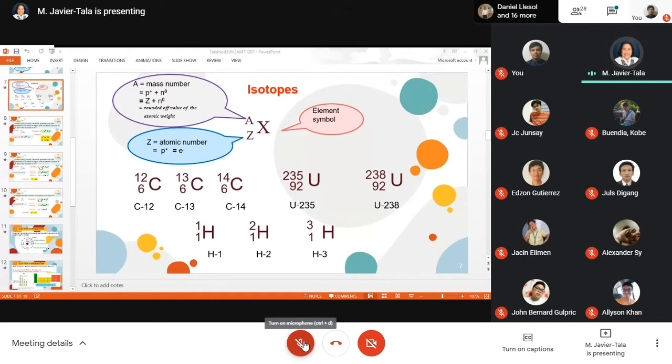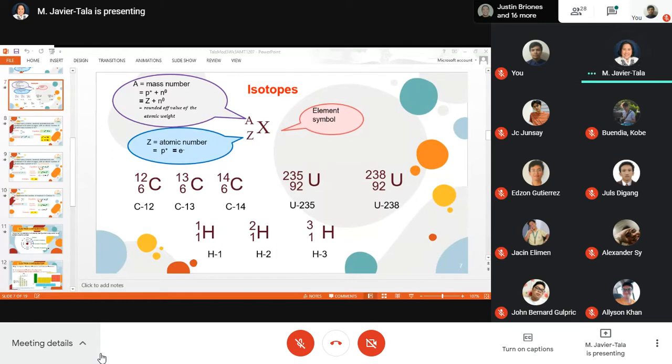Class, the elements that your classmates have mentioned have different isotopes. For example, carbon has 3 isotopes. All of them have an atomic number of 6, but their mass numbers are 12, 13, and 14.